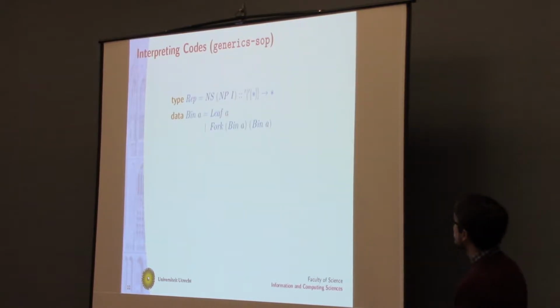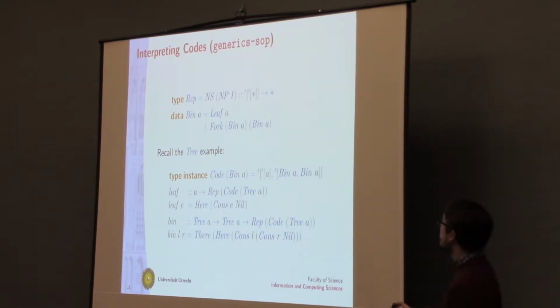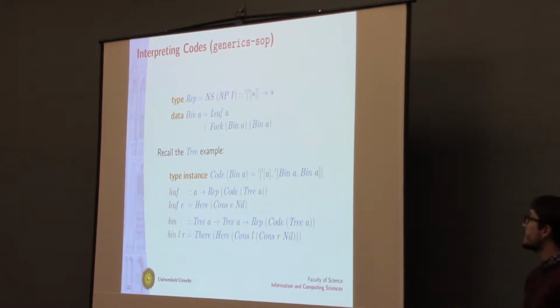An example perhaps makes it much more clear. Let's say that we want to write the constructors of our binary tree type. Oh, there's a big typo here. There should be Bin there. So the leaf constructor would be the first constructor, so it's a here, and then we actually have to provide an n-ary product indexed by the list with one type.